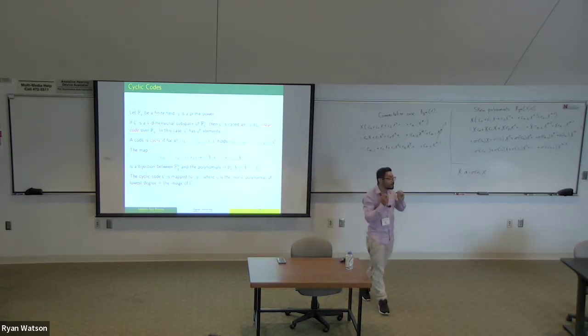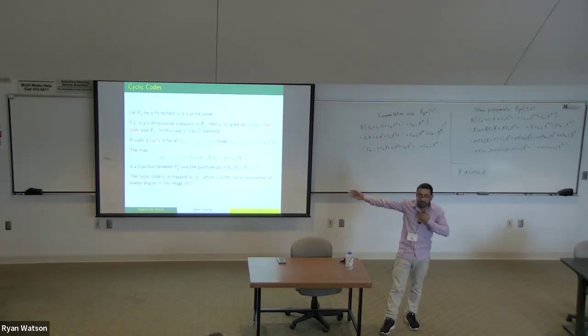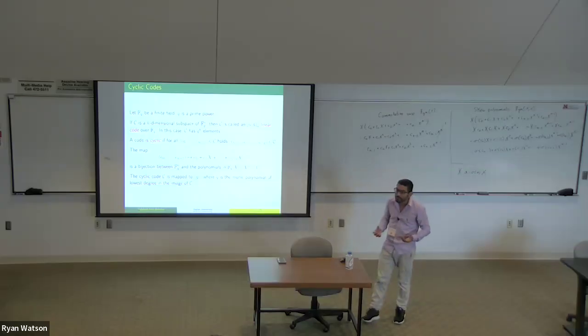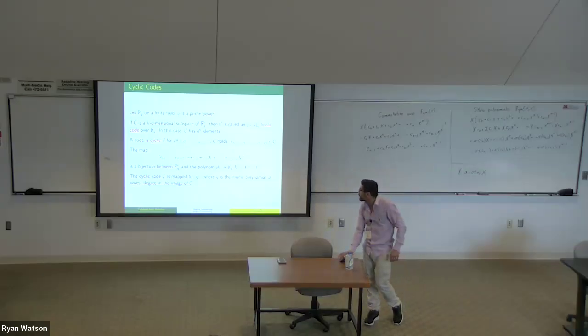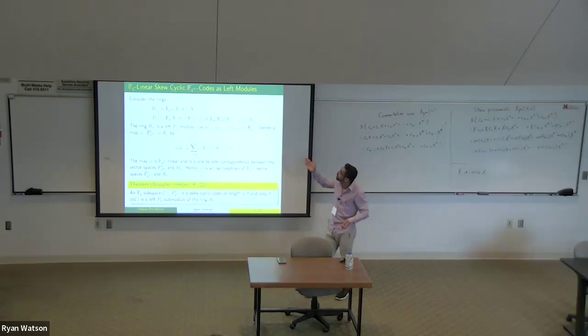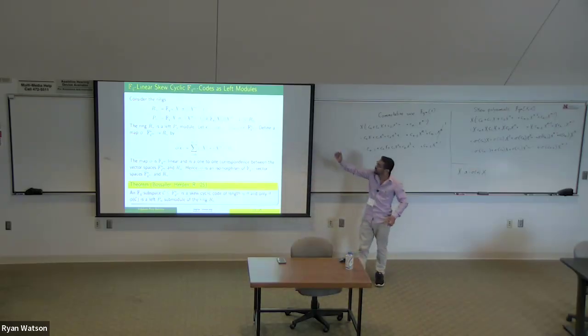So these are classical results. Every single cyclic code can be understood as a cyclic ideal generated by one element. But to study the FQ linear skew cyclic FQM codes, we are going to be using these two rings.